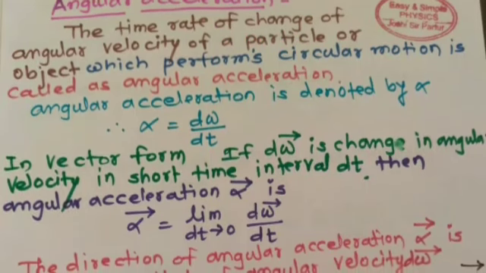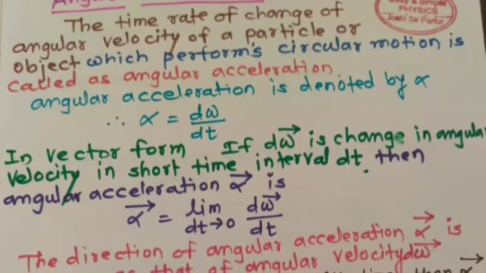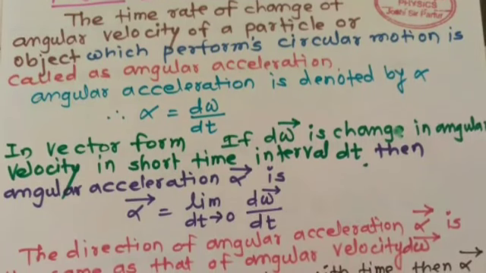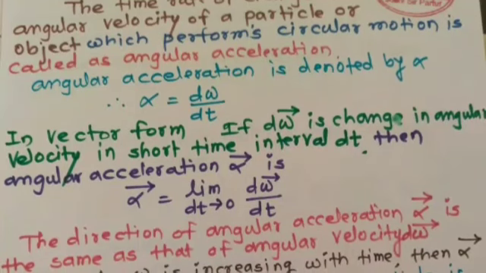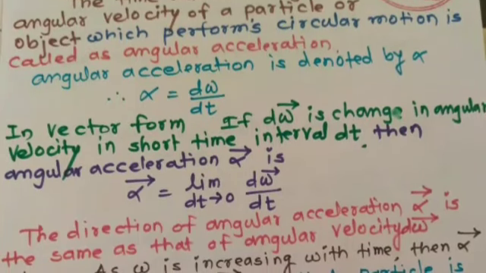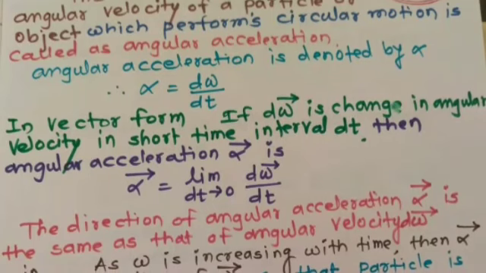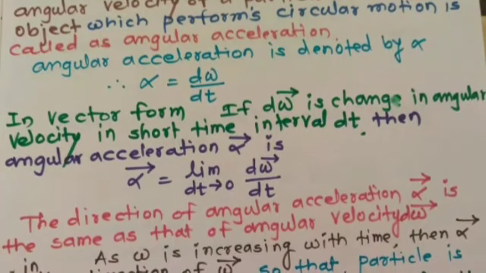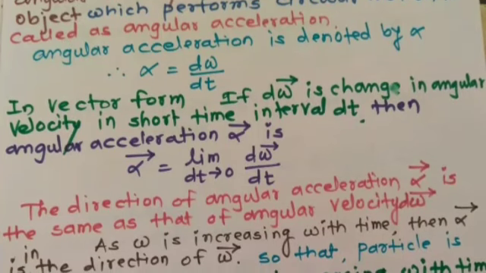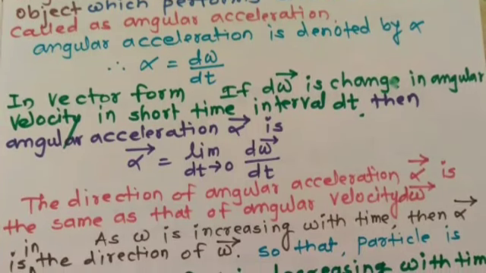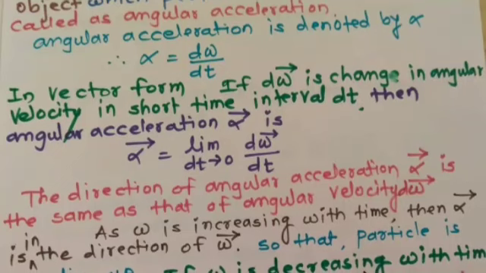Angular acceleration: the time rate of change of angular velocity of a particle or object is called angular acceleration. It is denoted by alpha. Therefore alpha equals d omega upon dt.